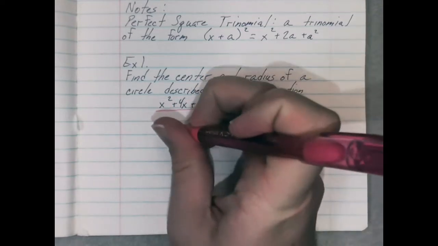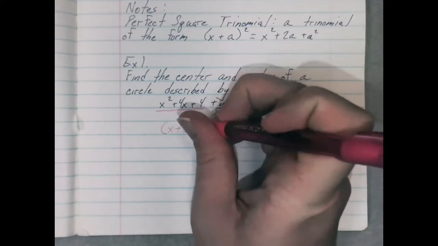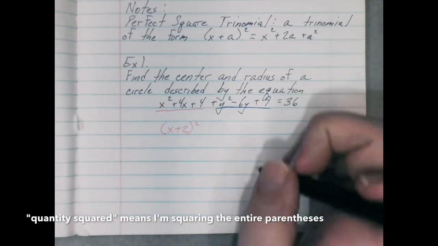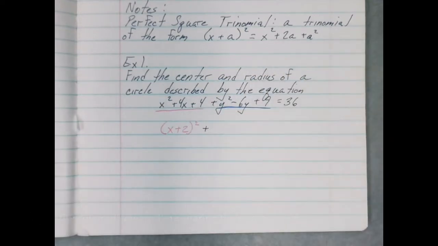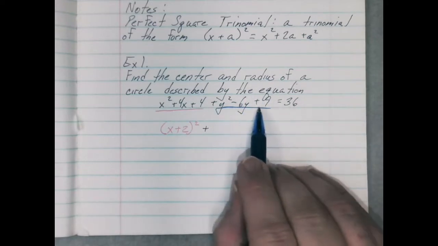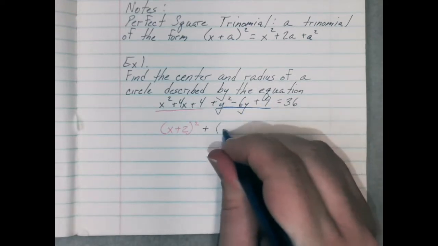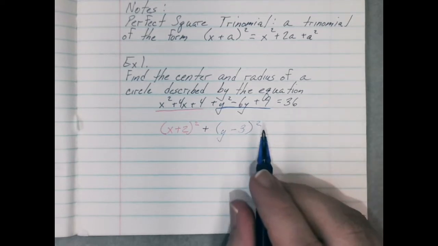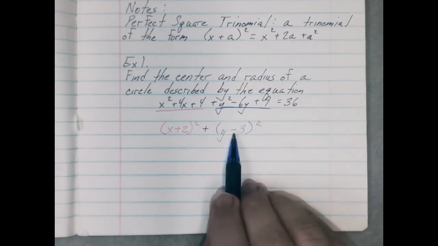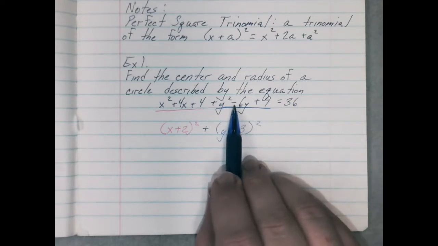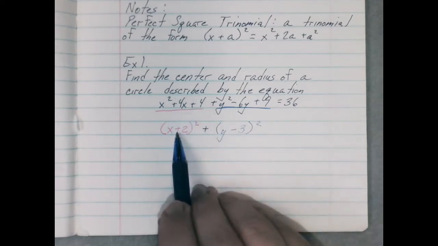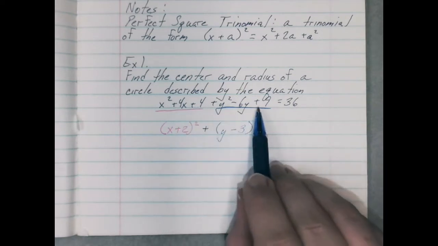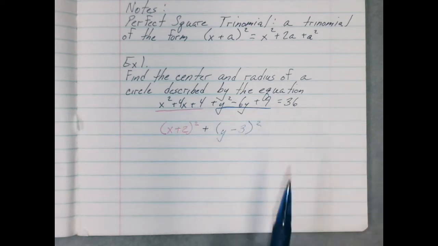I can say that this is going to be x plus 2 quantity squared, have my little plus sign in the middle, and this is going to be y minus 3 quantity squared. I know this is a minus because that was a negative 6. I know this is a plus because that was a positive 4. This is always going to be positive, and this is always going to be positive.